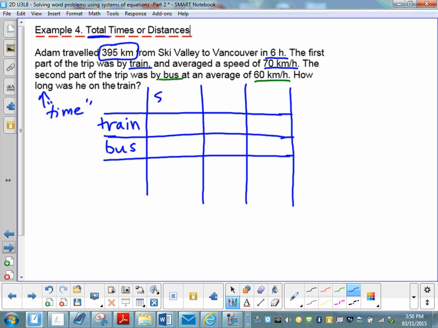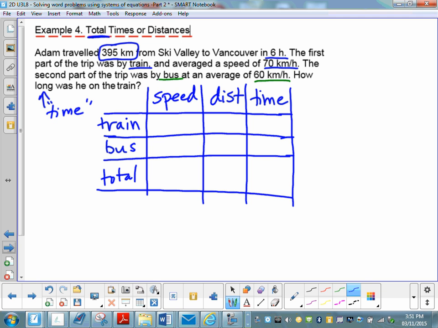Across the top, we're doing speed, distance, time again. And in this question, we're given a total distance and the total time. So we need to include a row down here for total. And then we'll plug in what we know.